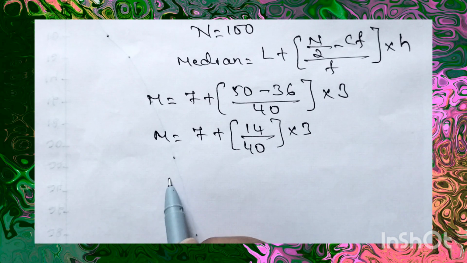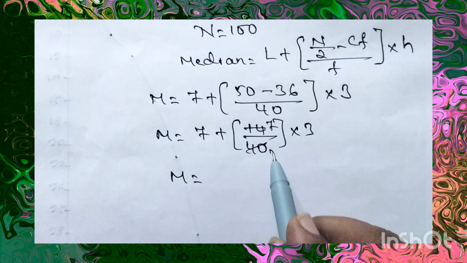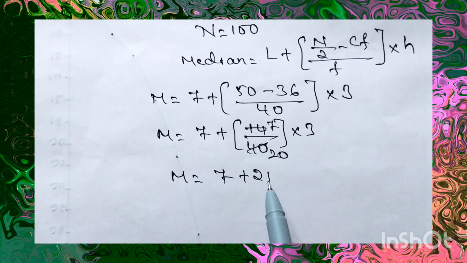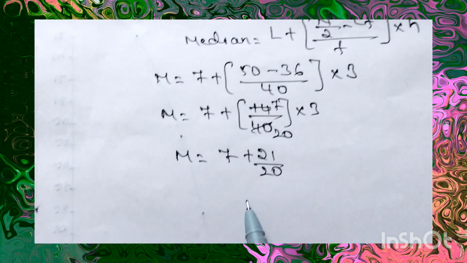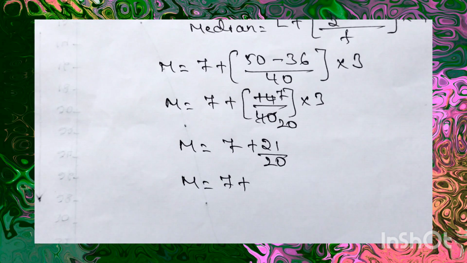So 2 7s are 14, 2 20s are 40. So 7 plus 7 3s are 21 divided by 20. So median is equal to 7 plus 21/20. Let us divide 21/20, we will get 1.05.